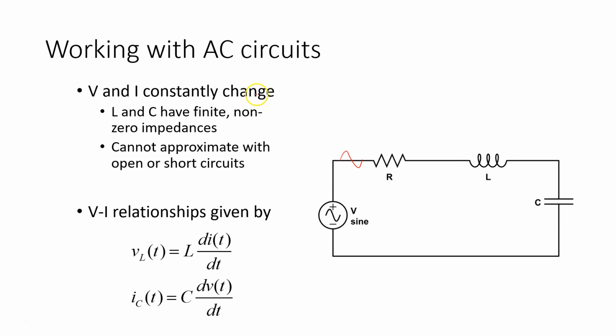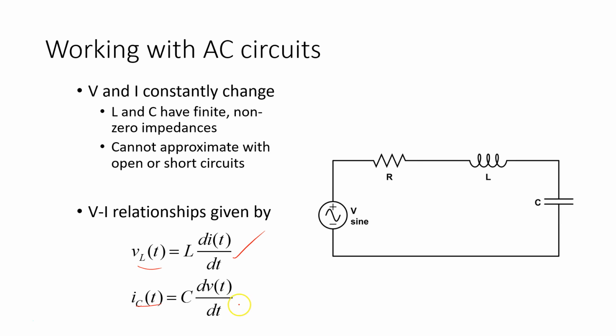So if we look at this simple RLC circuit, we have a sine wave source driving the RLC circuit. There's no switch, so we could assume that it was closed for a very long time and all the transients have died out. Now, since the voltage is constantly changing and also the current is constantly changing, then when we look at the VI relationships for the inductor and the capacitor, the di/dt is no longer zero because the current is changing.